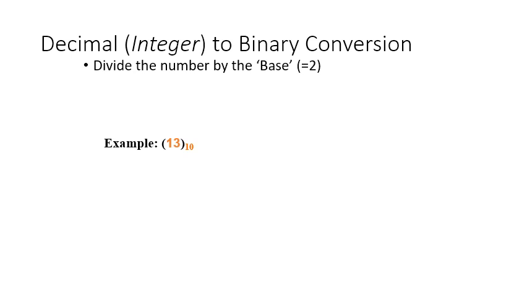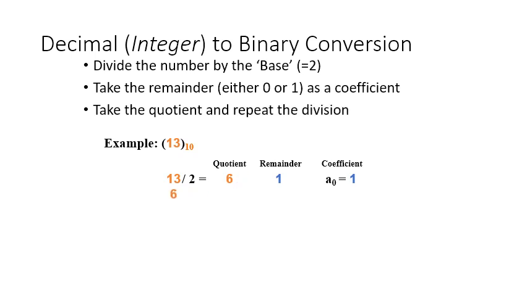So, decimal integer to binary conversion. As I have told you, if you have to convert decimal to any other number system, you have to divide the decimal number by that base. Suppose you have to convert 13 into base 2. You will divide 13 by 2, and you will have quotient 6 and remainder 1.